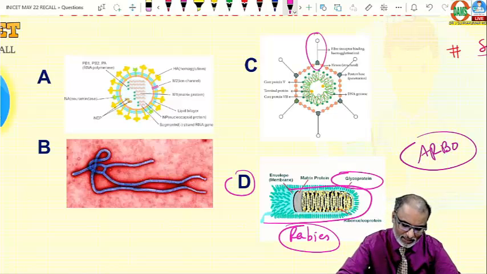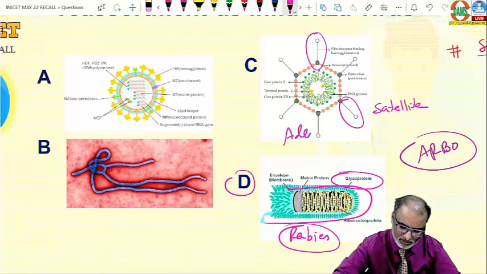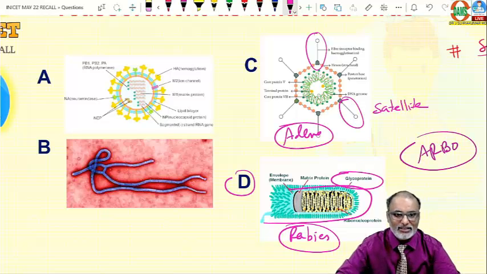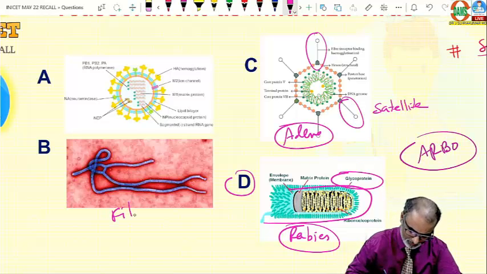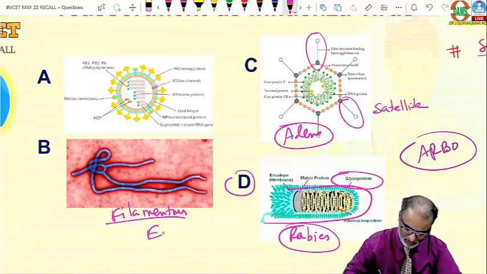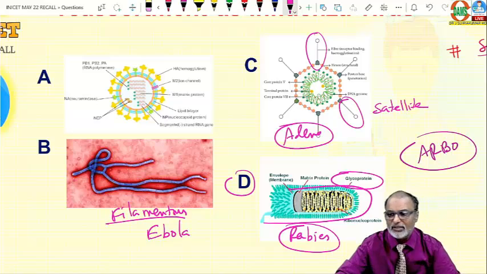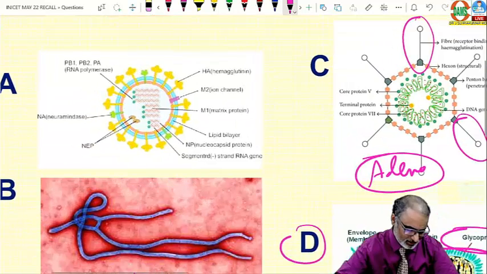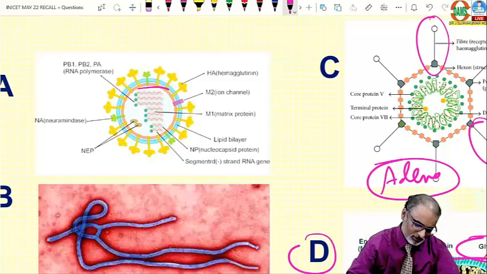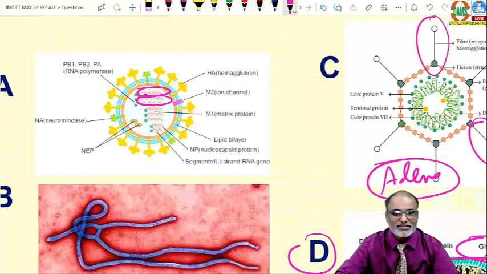This is antenna shape, satellite shape, so it is adenovirus. It is a DNA virus. And this is filamentous, Ebola virus. Here you can see a double stranded RNA virus.